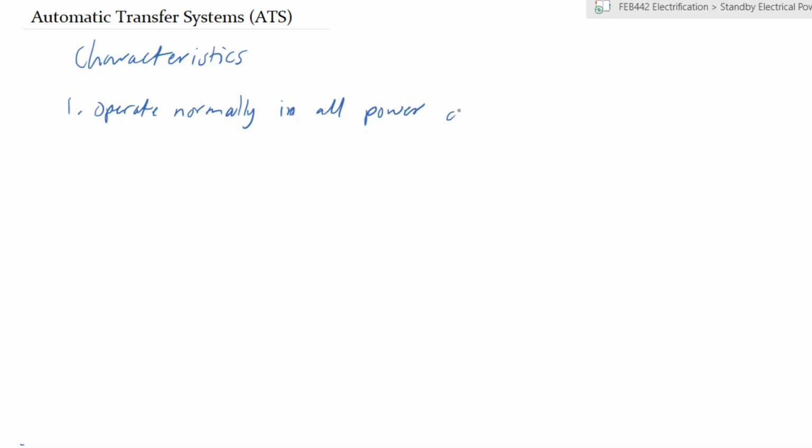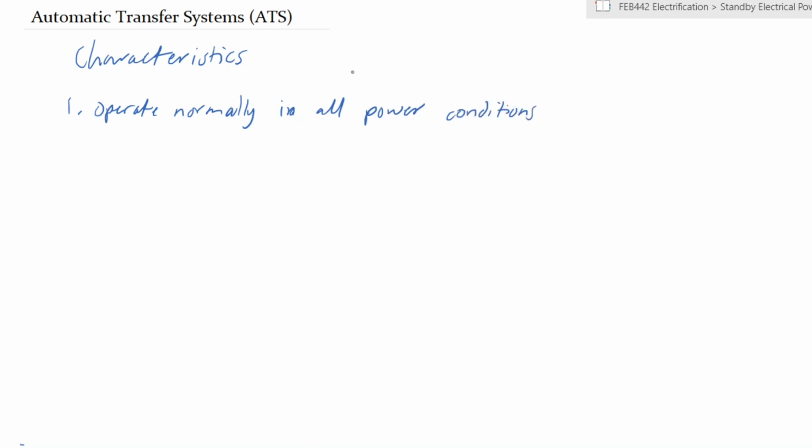So the characteristics of these kinds of systems are the following. Number one, it must be able to operate normally in all power conditions.